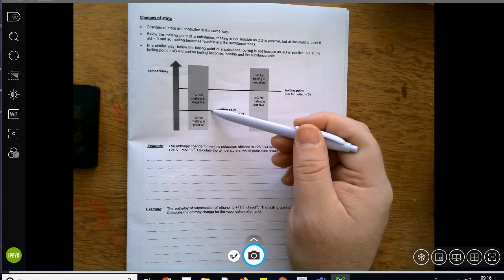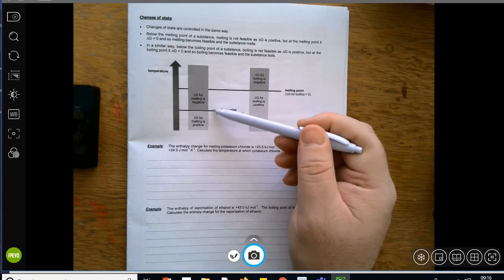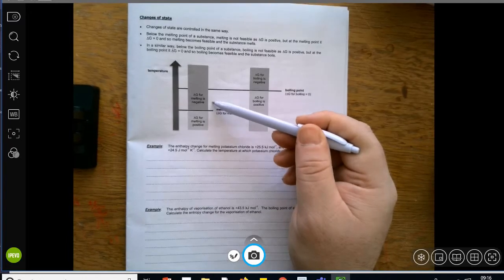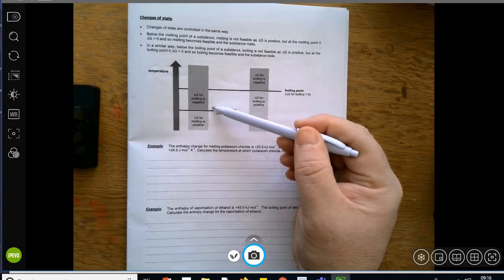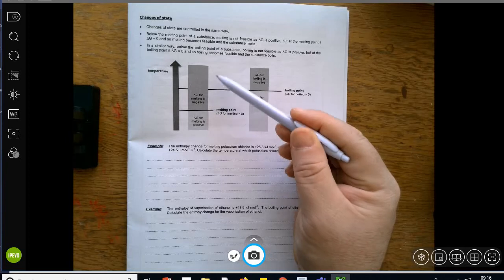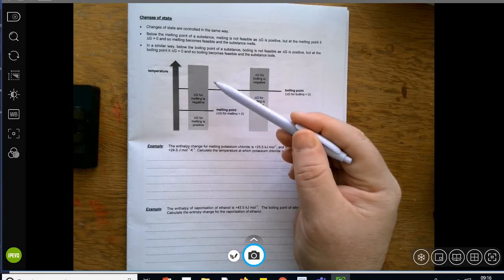So at this point, the disorganization, which is minus delta S, contributes a bigger value than the enthalpy. And I'm still using the wrong word, so I'm getting distracted.